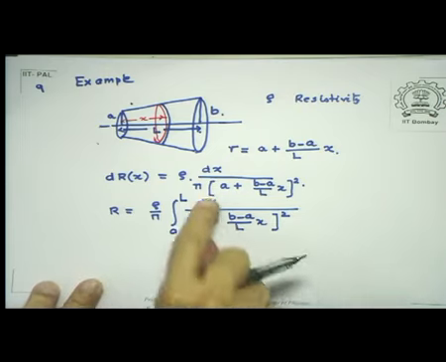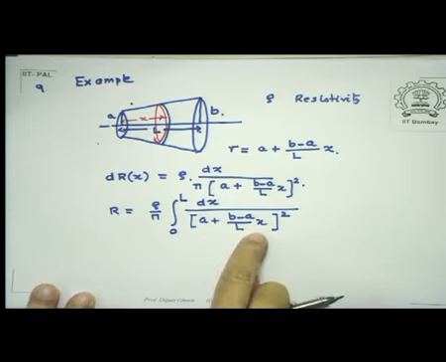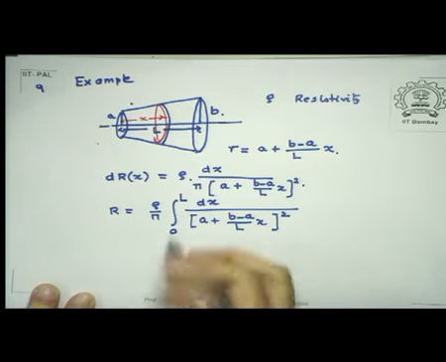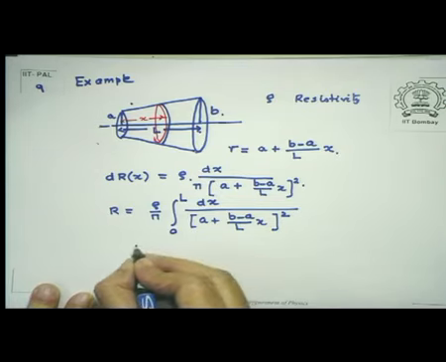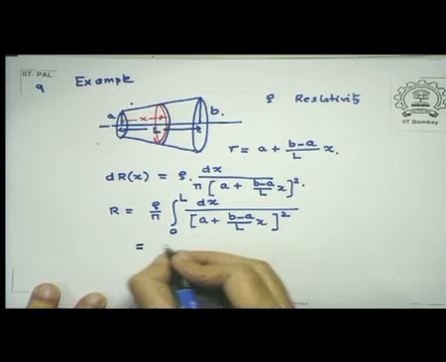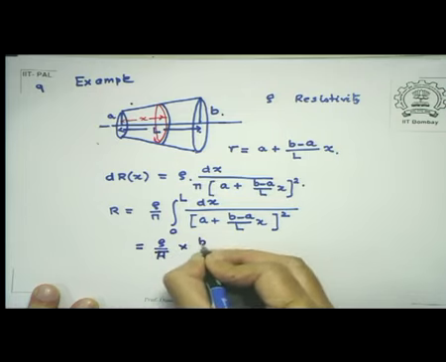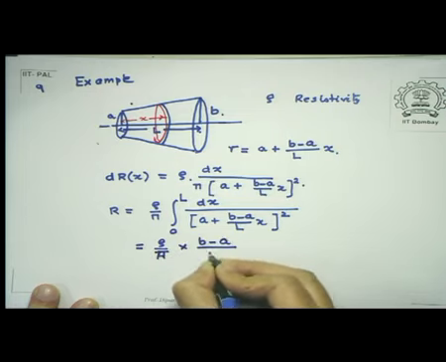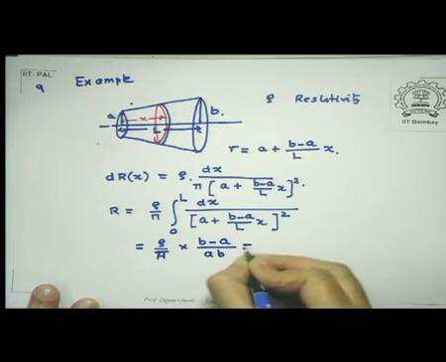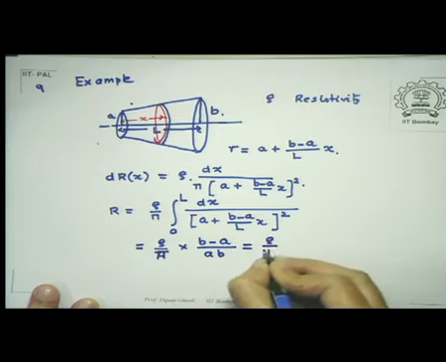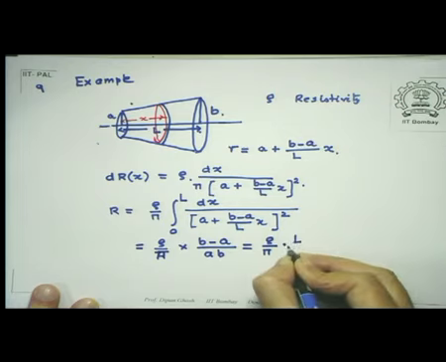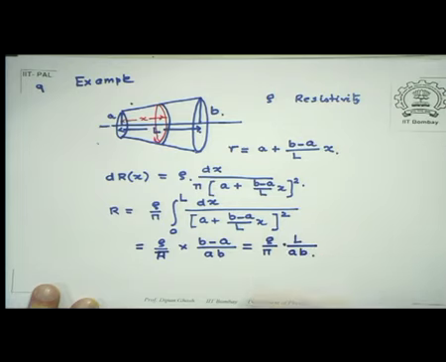This is a straightforward integration. I don't go through every step of that integration, and you can find out immediately that this quantity is given by rho by pi into (b minus a) over ab, and that's equal to rho by pi times L over ab, where L is the length.